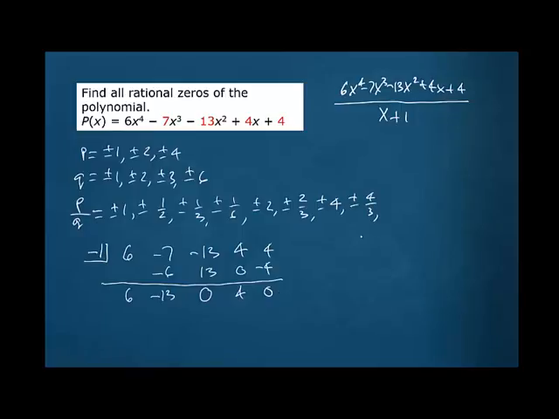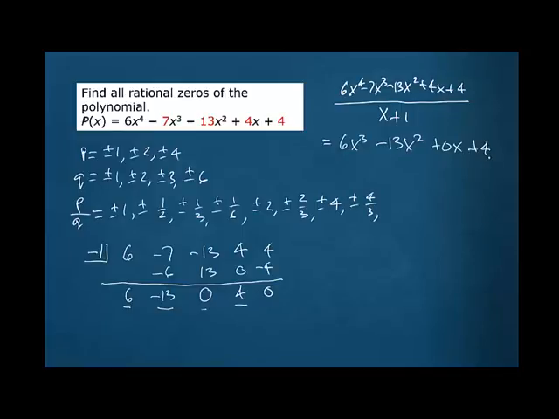Now the resulting polynomial would be found using these coefficients from this synthetic division. In other words, this quotient would be 6x cubed, and the 6 I get from here, minus 13x squared, get the minus 13 here, plus 0x, and then plus 4.